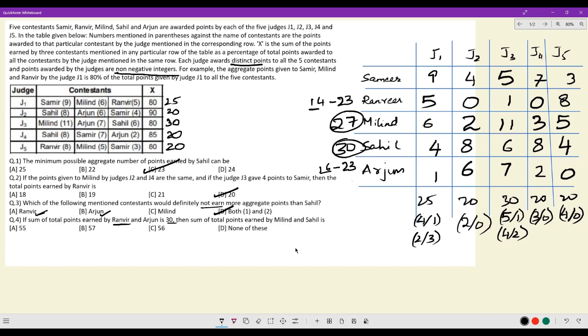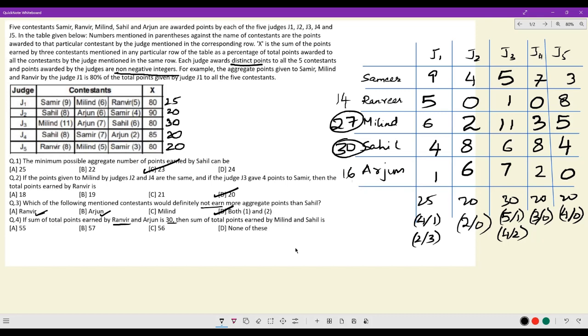And Ranveer and Arjun are at, wait, let me just be certain. 5 plus 1 plus 8, 14. 1 plus 6 is 7. 7 plus 7 is 14. So this is 16. Yes, 14 plus 16, 30 we are reaching.